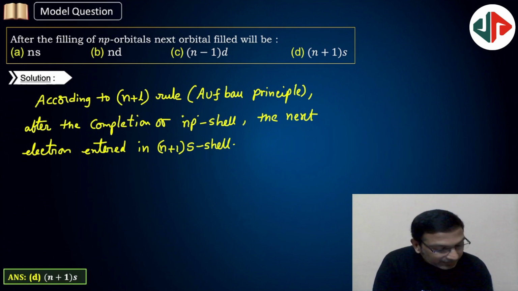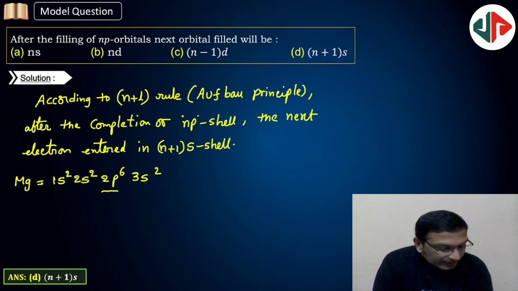We will take one example. You can take 1s2, 2s2, 2p6, 3s2. So this is the configuration of magnesium.